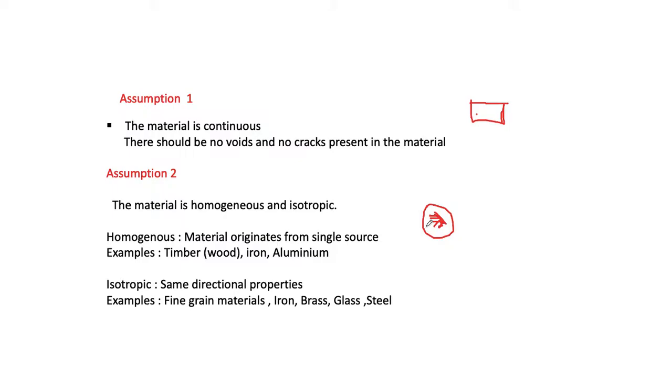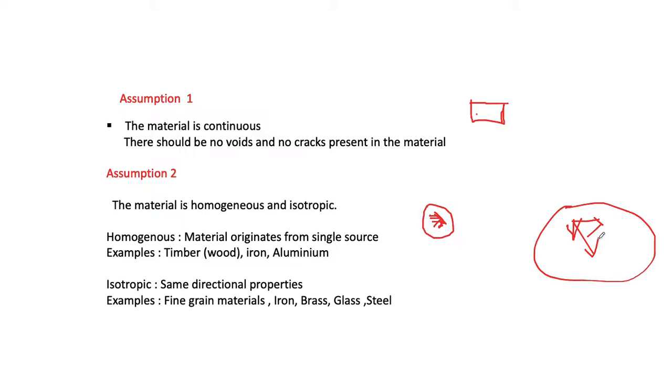Isotropic means the same directional property. In the figure, in this direction, the downward, upward, cross or inclined direction, the material is the same, with the same properties in any direction you consider.